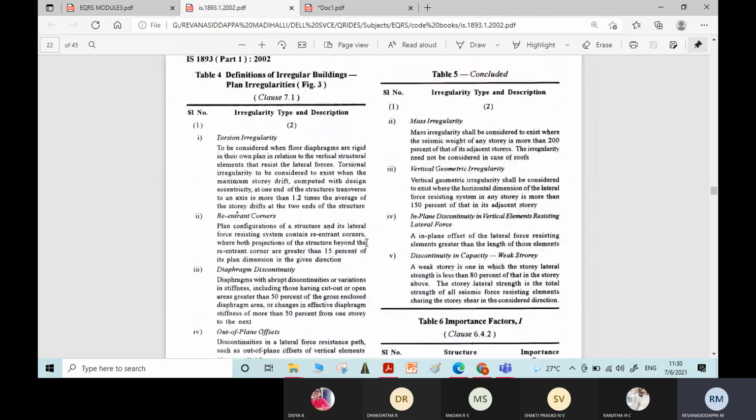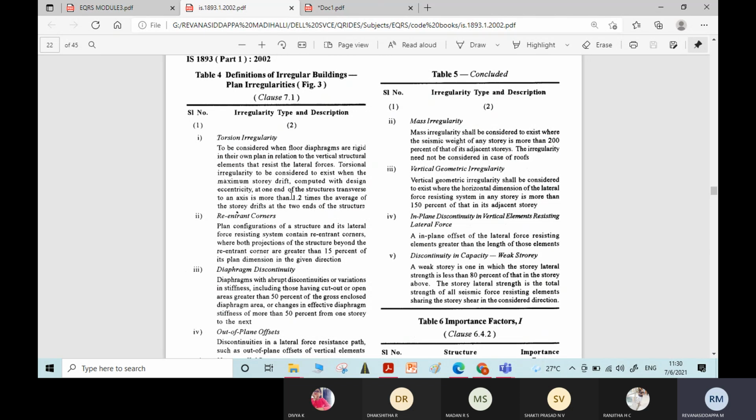At the starting only I have explained about this torsion irregularity. The torsion irregularity is considered when floor diaphragms are rigid in their own plane in relation to the vertical structural elements that resist the lateral forces. For example, if the stiffness of the slab is higher than the stiffness of the floor, then that difference in stiffness may lead to the torsion of the building.